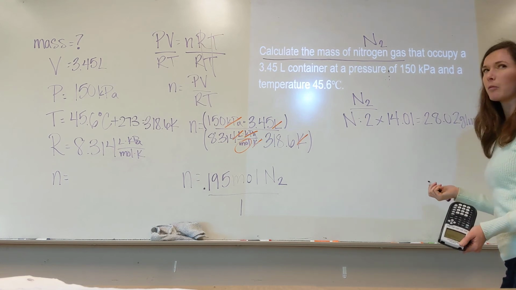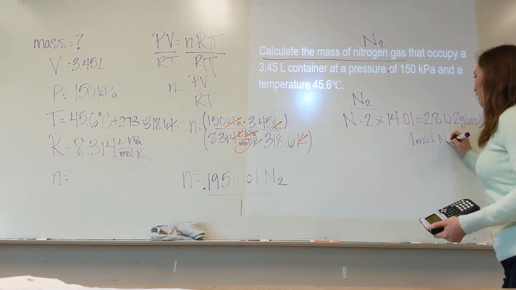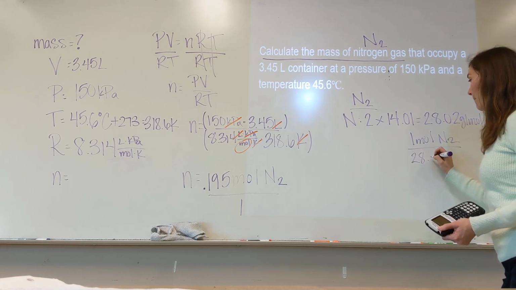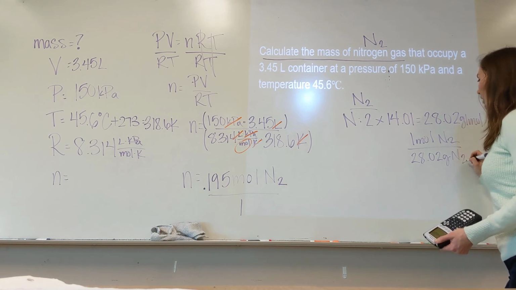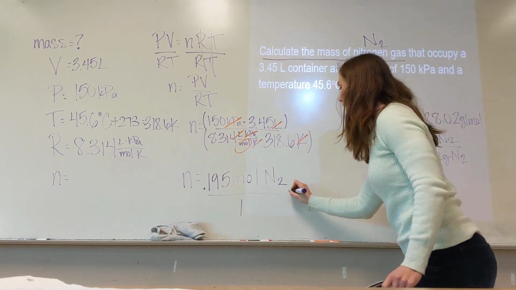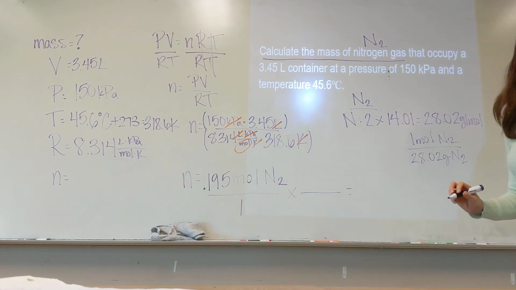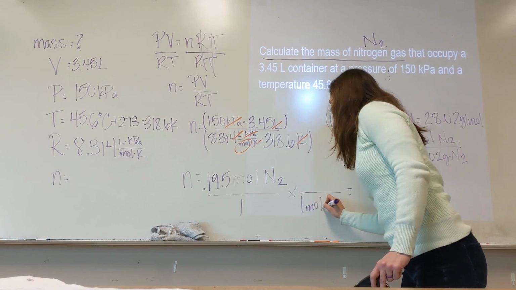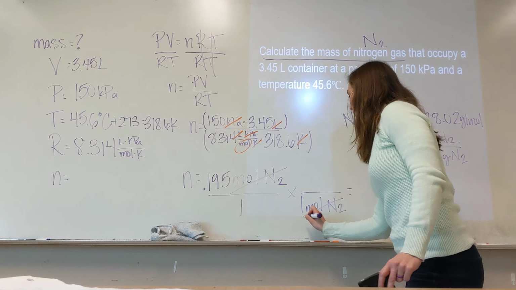What does that grams per mole mean? Well, it means for every 1 mole of nitrogen molecules, they are going to have a mass of 28.02 grams. So I'm going to plug that into my conversion. This 1 mole of N2 is going to go on the bottom. Why does it go on the bottom? So my units cancel.